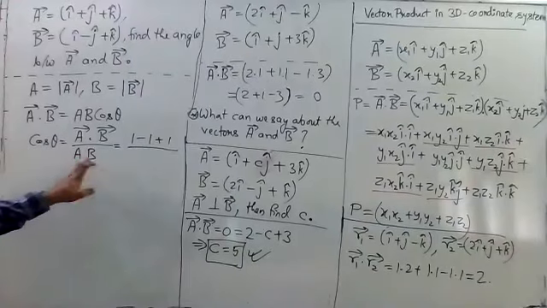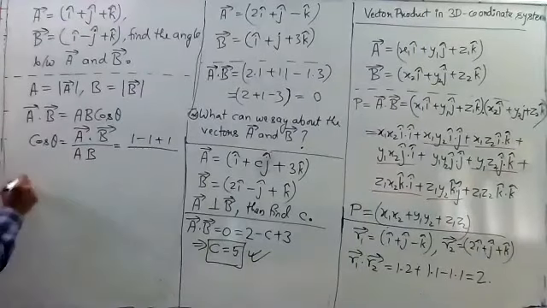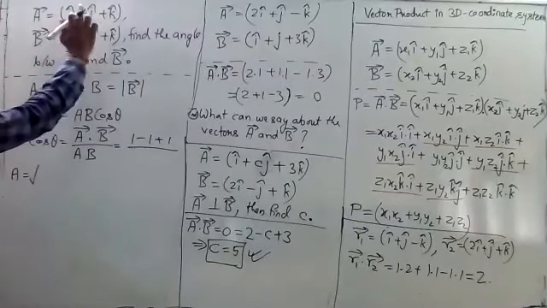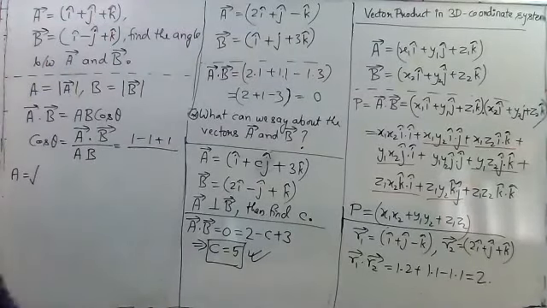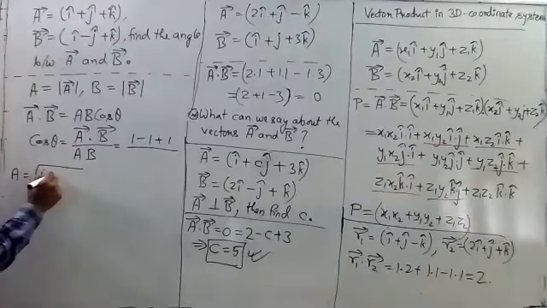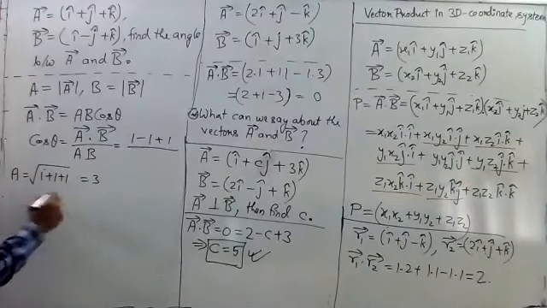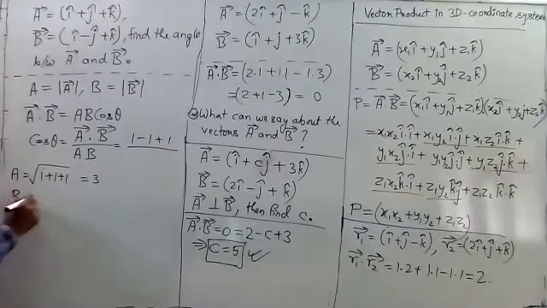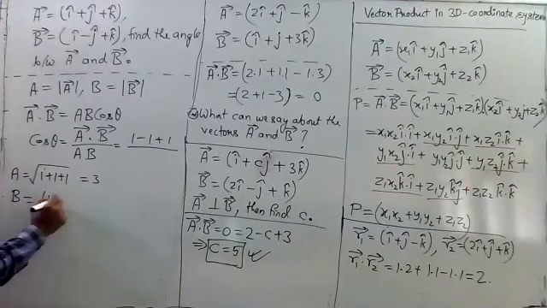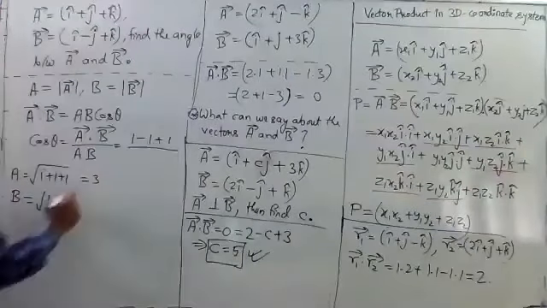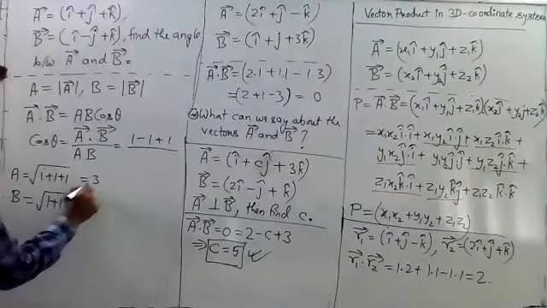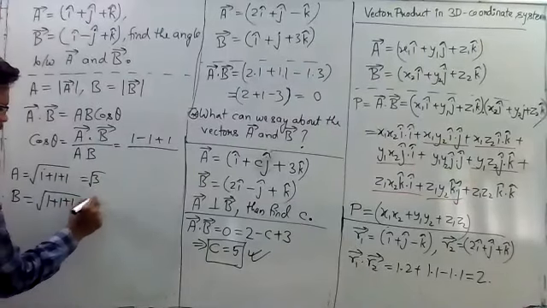Magnitude of A and magnitude of B. Magnitude of A is equal to root of x square plus y square plus z square, the diagonal of the cuboid. By that concept I am getting the magnitude as root of 1 plus 1 plus 1, which is root 3. And magnitude of B is also root of 1 plus 1 plus 1, equal to root 3.